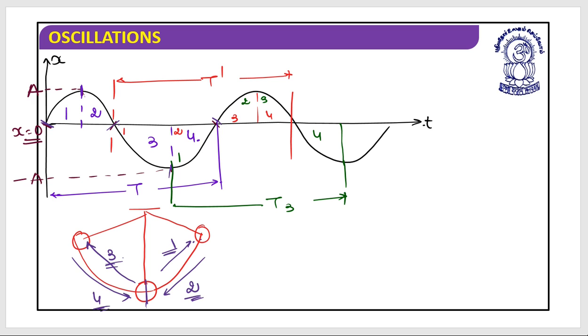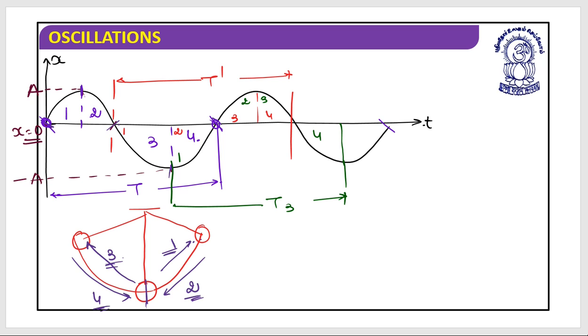Now one more thing which is required is what exactly the time period is. If you look at these two situations, this point and this point, this is the first cycle and this is the next cycle, and both are exactly copies of each other. That means from this point the previous cycle begins to repeat.